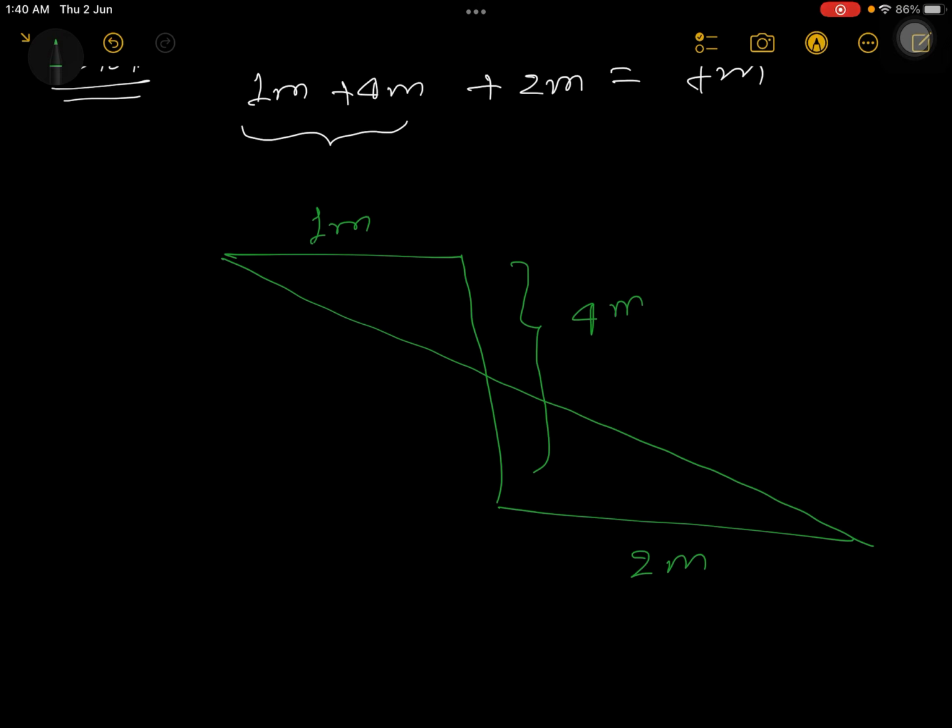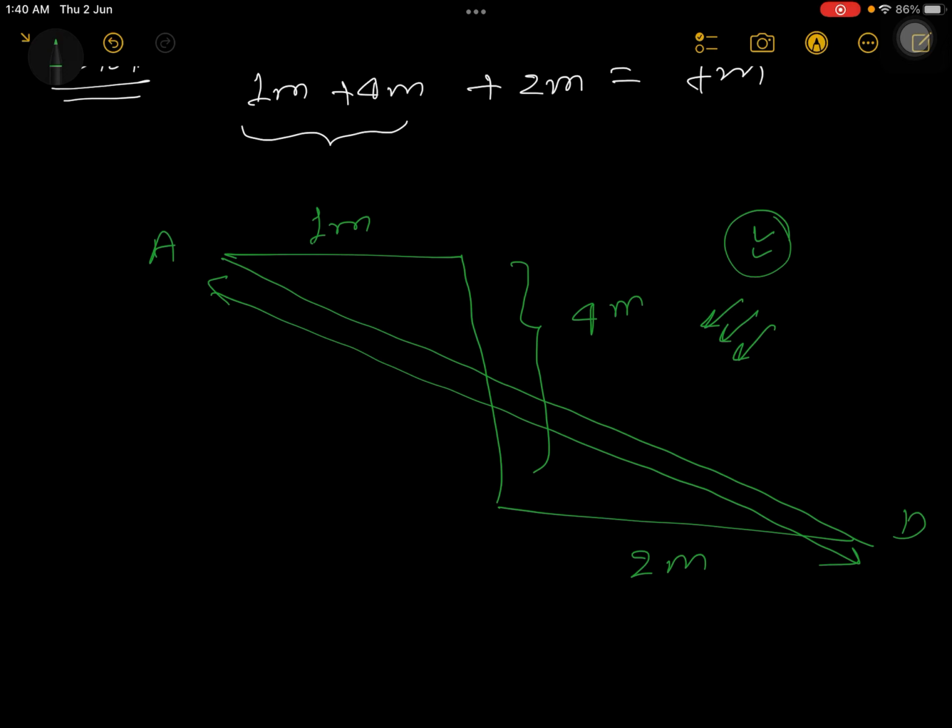Can you find this length by using any basic geometry? No, we need some extra advanced geometry. When I teach you mathematics, I will teach you how to tackle these types of geometrical problems. For the time being, you understand this A and D length.